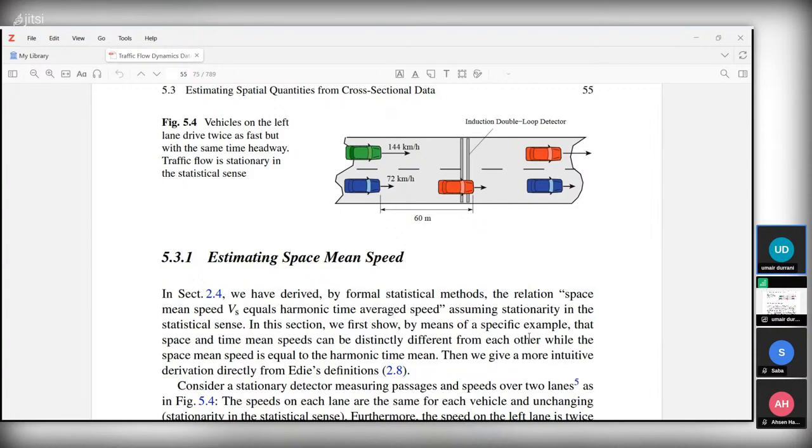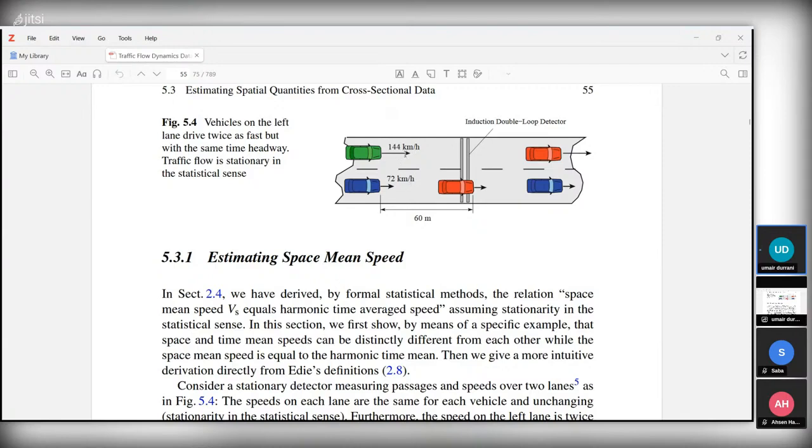In this example, we have two lanes. On the right lane, from the beginning until the detector area, we have two vehicles which both have a speed of 72 kilometers per hour. In the left lane, we only have one vehicle, which has double the right lane speed, 144 kilometers per hour.